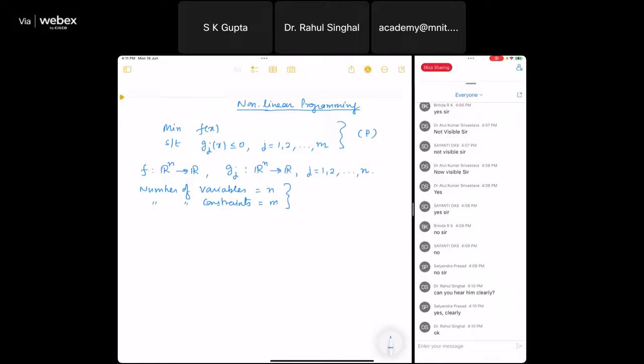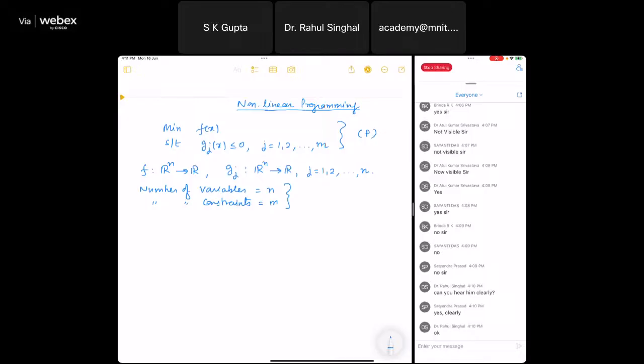Now the question is that linear programming problems are the simplest optimization models, and it is very easy to deal with them. We have seen a few algorithms. But the non-linearity in an optimization problem may be very high, with complicated problems. Then how can we deal with such problems?